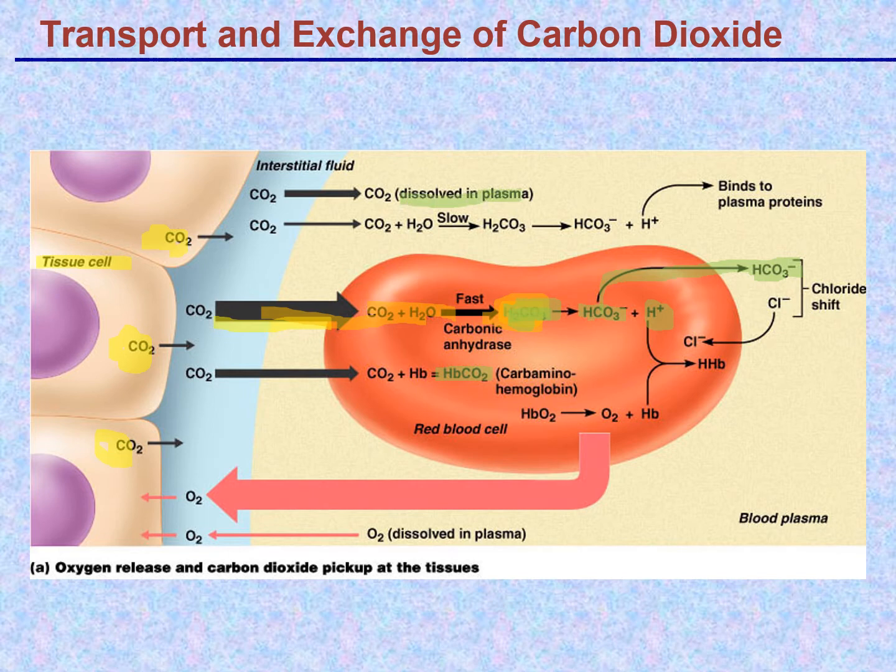You can see that this chemical reaction of carbon dioxide going towards carbonic acid also occurs directly in the plasma, but very, very slowly compared to inside the red cell, where it's sped up thousands and thousands of fold by the enzyme carbonic anhydrase.